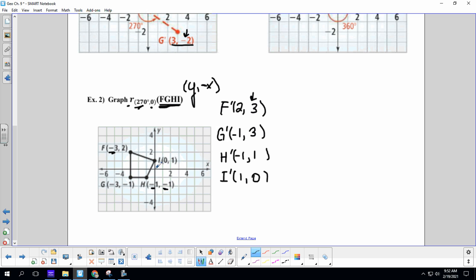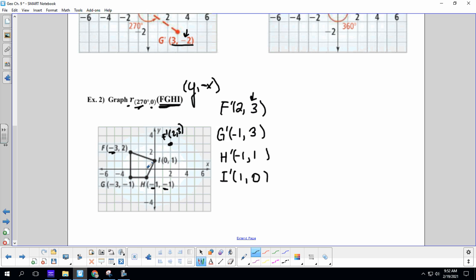So F prime is over 2 up 3. And remember, we talked to our lazy student and we asked him not to come to our graphing party because we are going to write the letter and the coordinate on our graph with us, just so that we have accurate information as we're learning.